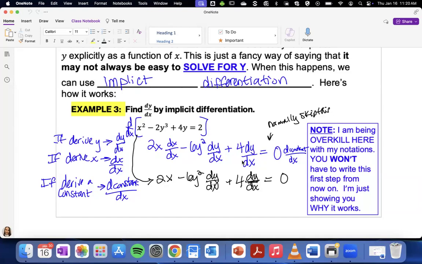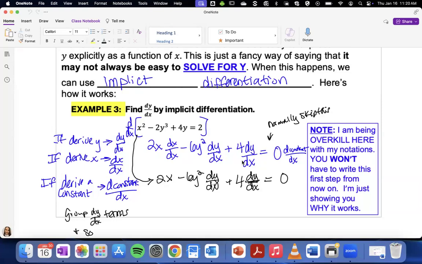Okay, so the goal here, what do you think the goal is to do? Solve for what? dy over dx, doesn't that represent the derivative, right? So what you want to do is group all of your dy over dx terms and then solve.